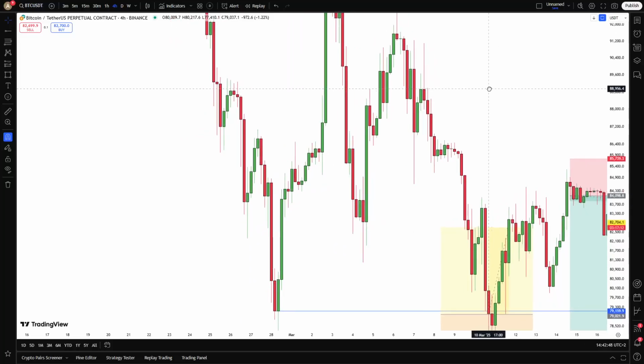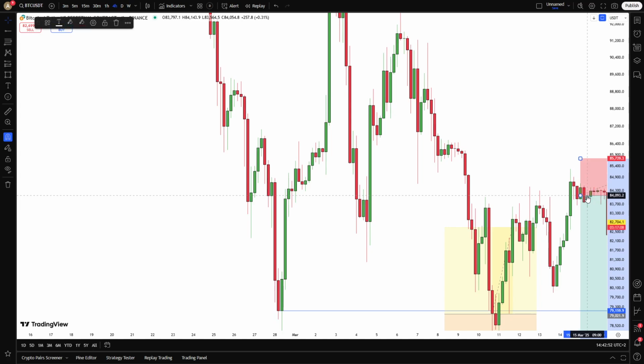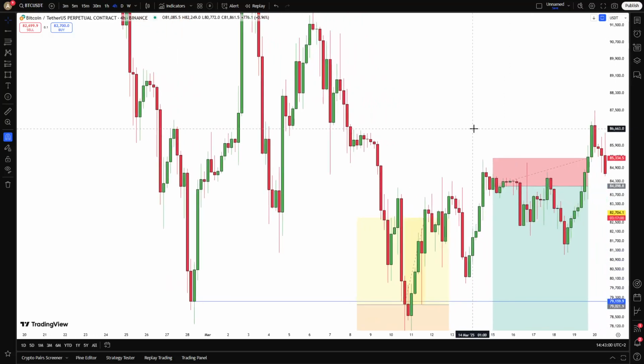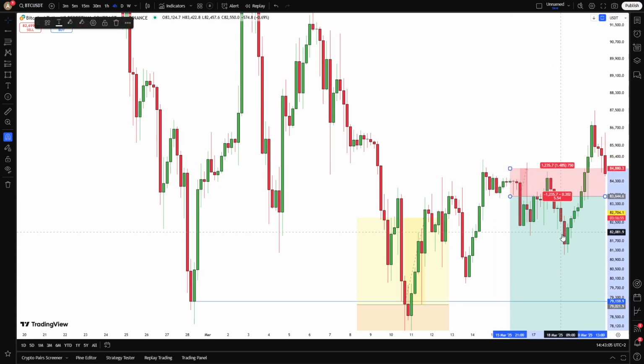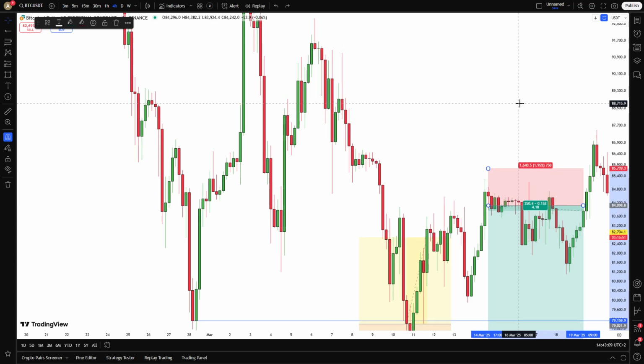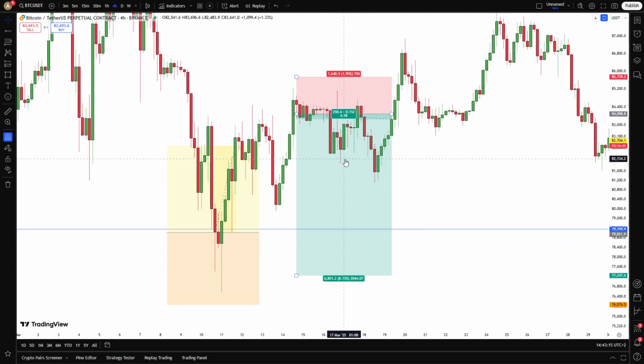If we just look at it from this perspective, let's just say you entered here. This is quite a clear stop loss. Quite clear. Okay, and you see this price started moving down. The TPs and so on that I put here, I don't trade exactly like this.